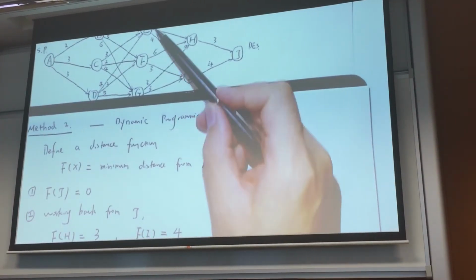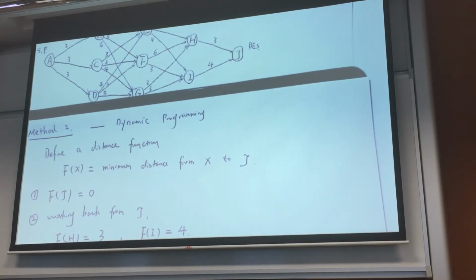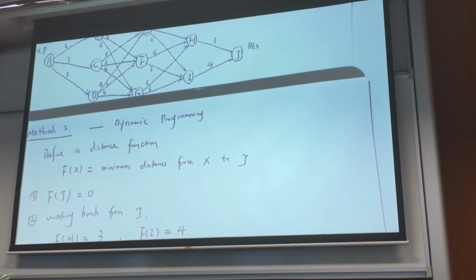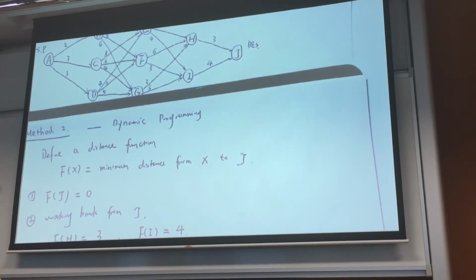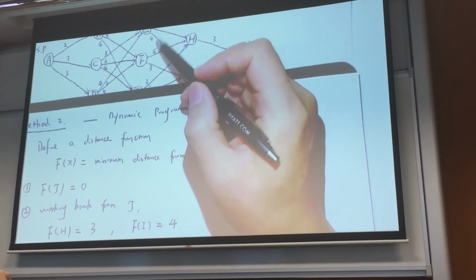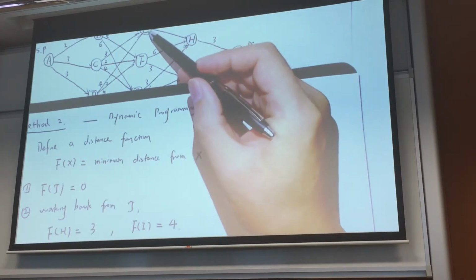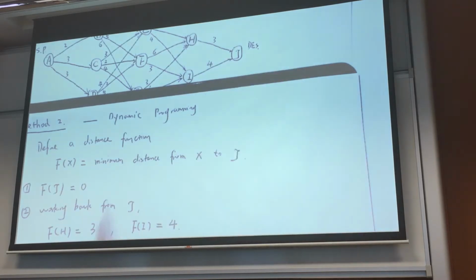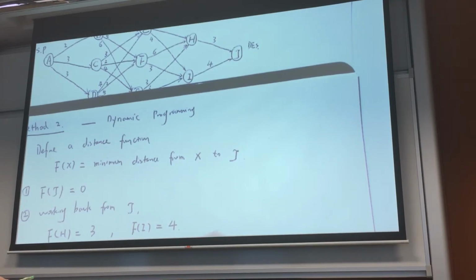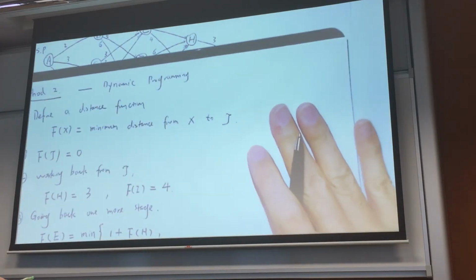From E there are 2 paths, to H and to I. We can calculate the minimum distance between these 2 routes. The first route is the distance from E to H plus the distance from H to the destination, so 1 plus f(H).